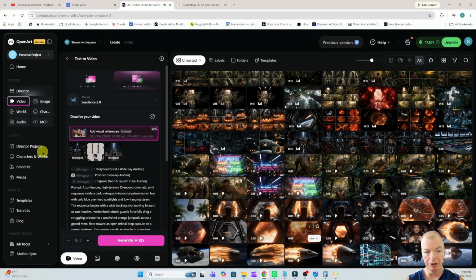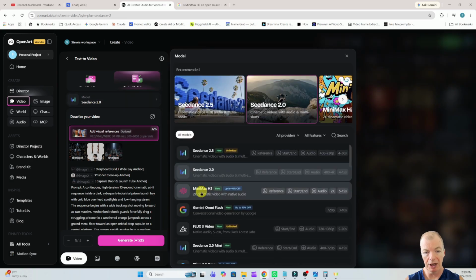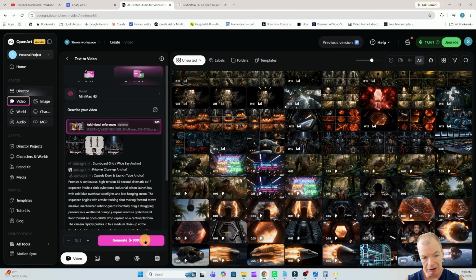It's going to reuse all of the assets that were used, the character reference, the capsule layout, the storyboard, and the entire prompt. And that's it. Here we're at the Seedance 2 model because that's what it was. So then I switched that to MiniMax H3. We see a new price, 900, but that's it. It's literally all I did to recreate the story.